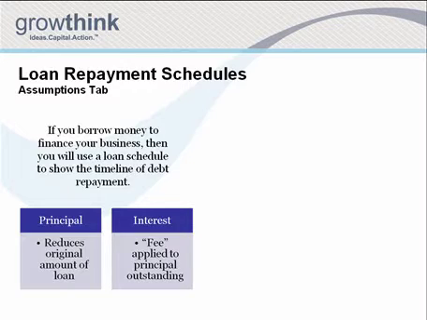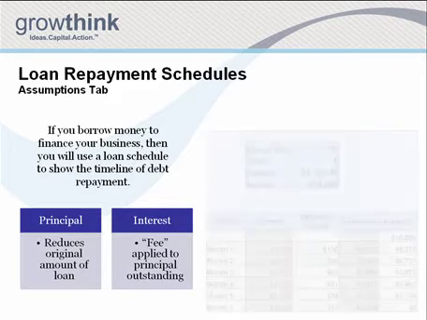Let's say you get a $1,000 loan, the principal is $1,000, and over the life of the loan you may end up paying back $1,500. You pay back the $1,000 principal, and then the $500 interest. So each period, you're paying back part of the principal to reduce the original amount of the loan, and the interest is the fee that's applied to the principal that's outstanding, outstanding meaning still unpaid.